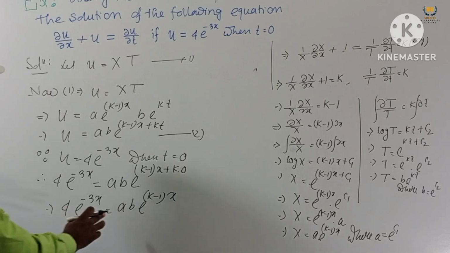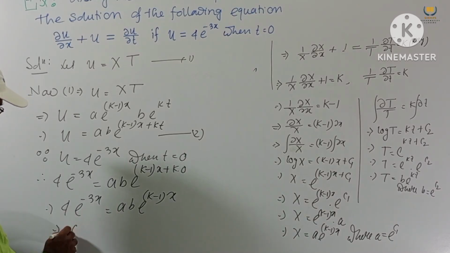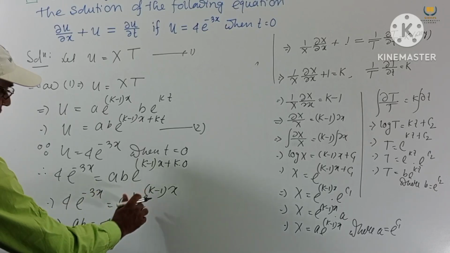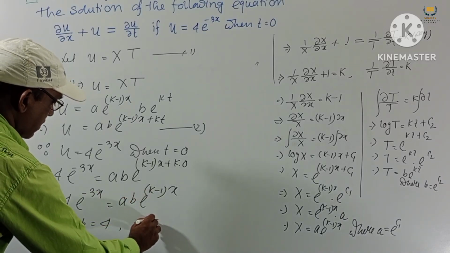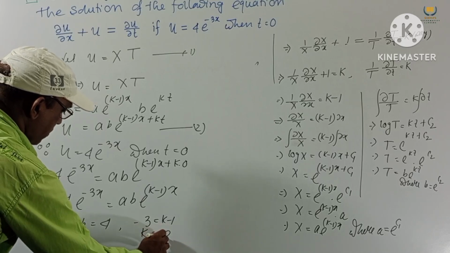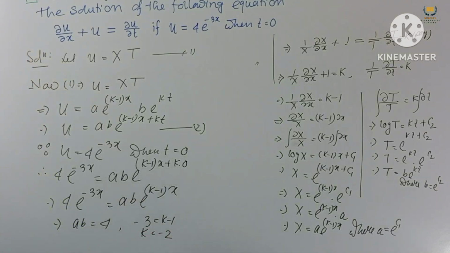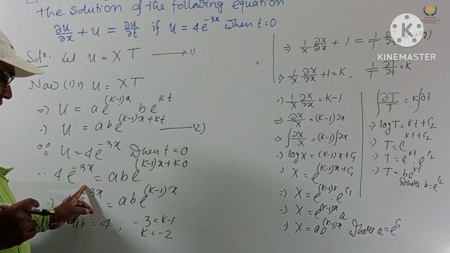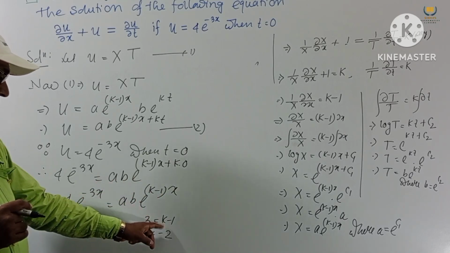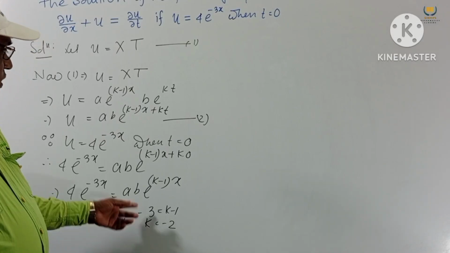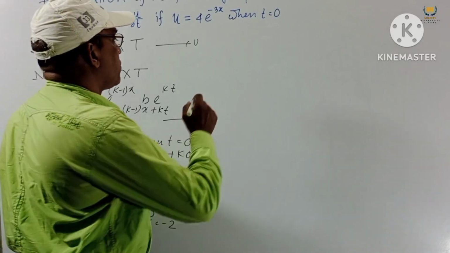Now if we equate, therefore ab = 4 and k - 1 = -3, and k = -2 we get. The value of ab = 4, k = -2. These two values we put in equation number 2.